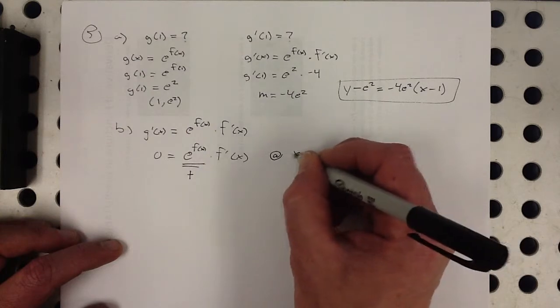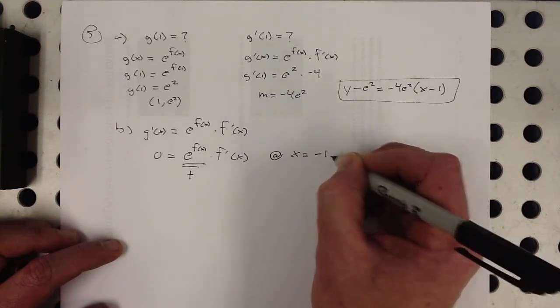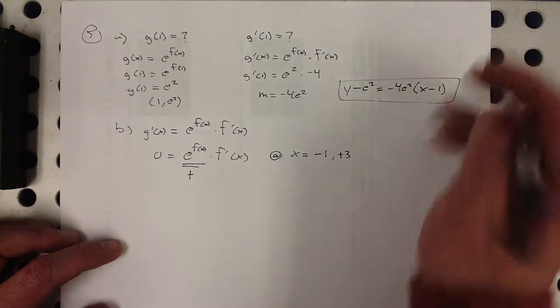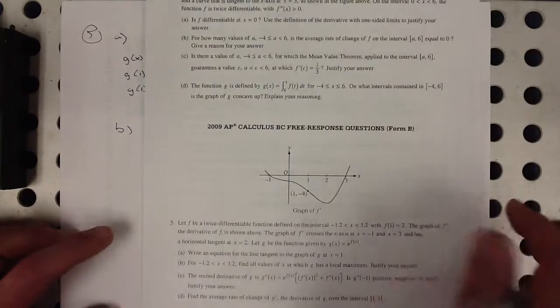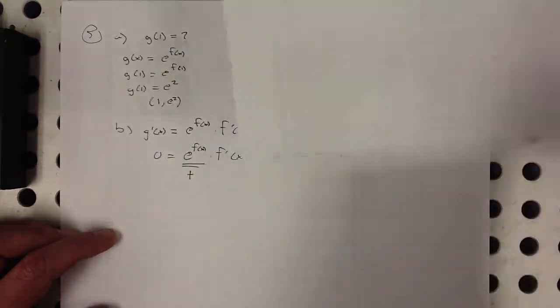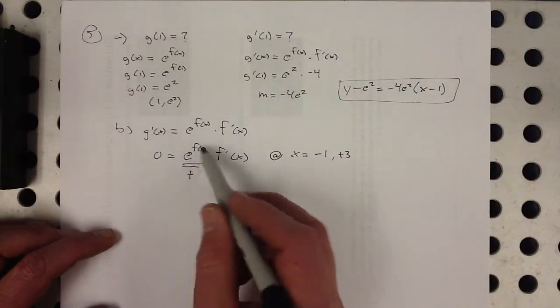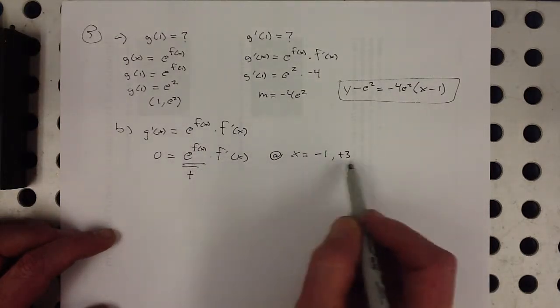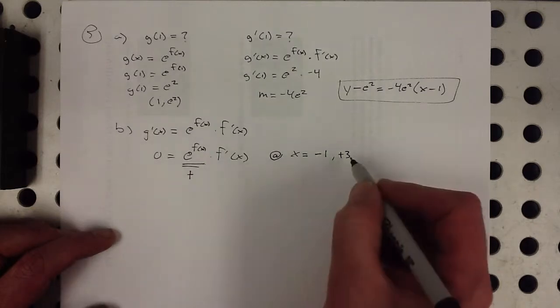That's equal to 0 at x equals negative 1 and positive 3. Because after all, this is the f prime function we're looking at. So multiplying it by this would change the shape of it, but it's not going to change where it's positive and negative, and it's not going to change where it crosses 0.